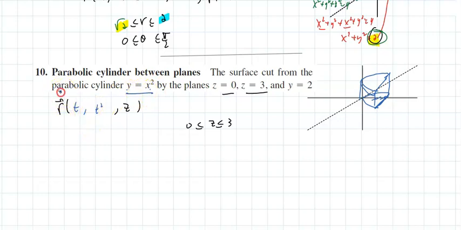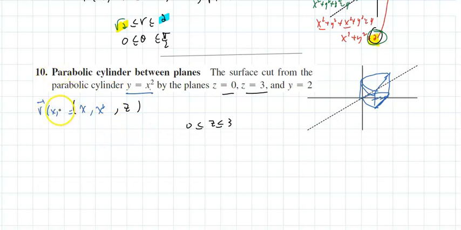I could call it x and x squared. That's the same thing. No matter what you call it, either you call it t and z right there, you could call it u and v, and there's v, right? Again, it doesn't matter what the letters stand for, as long as they mean the same thing.